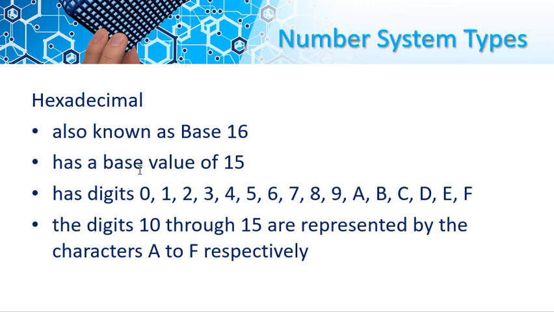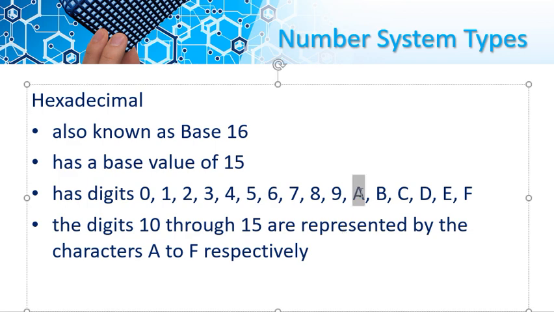We have the digits 0 through 9, then A, B, C, D, E, and F. The digits 10 through 15 are represented by the characters A to F respectively.